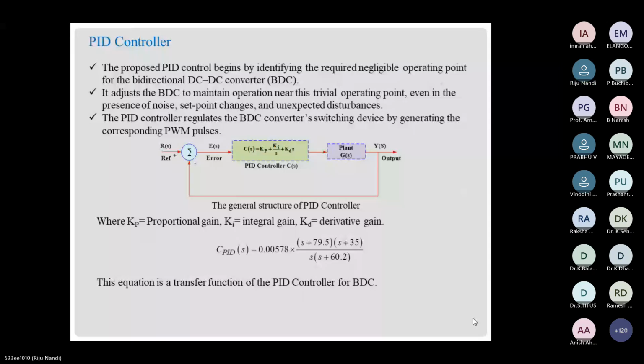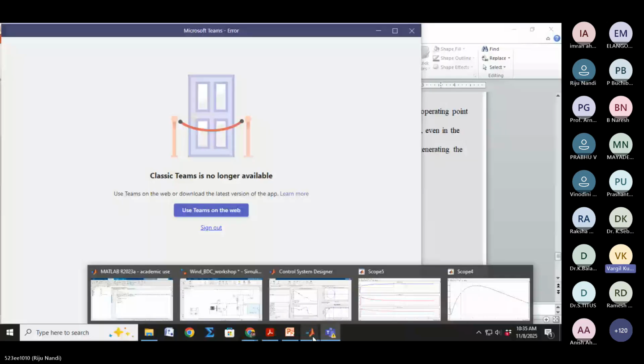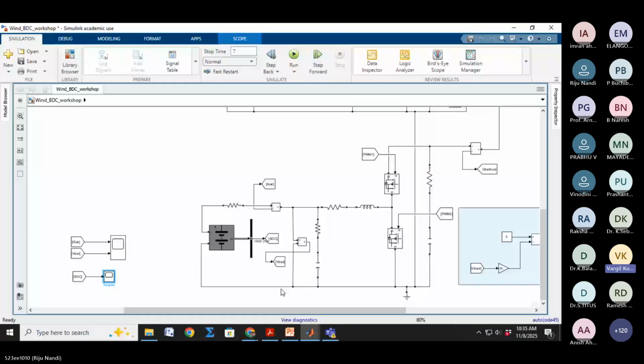I have a small question. Why can't we use discrete-mode controllers here? What is the scope of it? Because the analog controllers, the S-domain controllers that you are designing, happen to be almost outdated, and with recent microcontrollers we can design the controllers in the discrete domain.